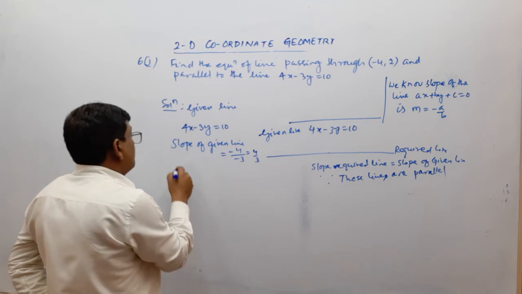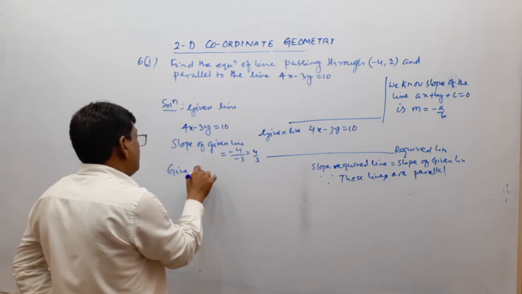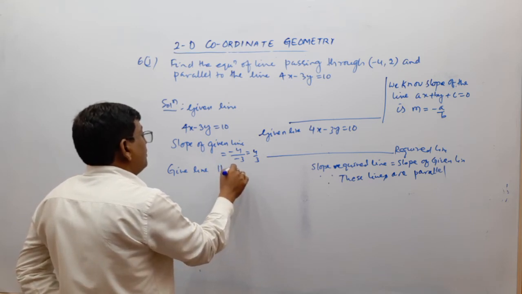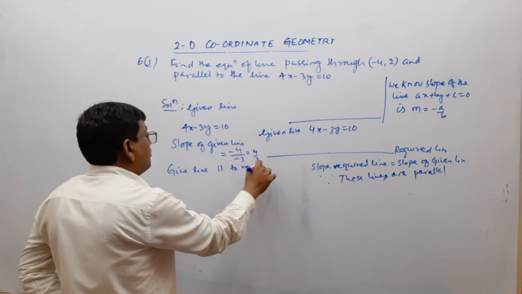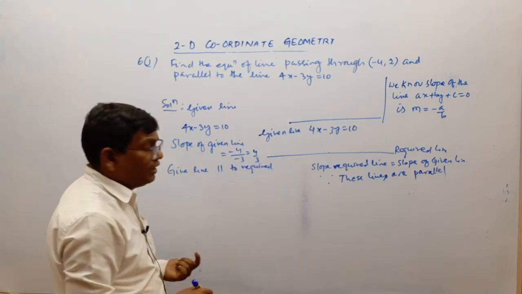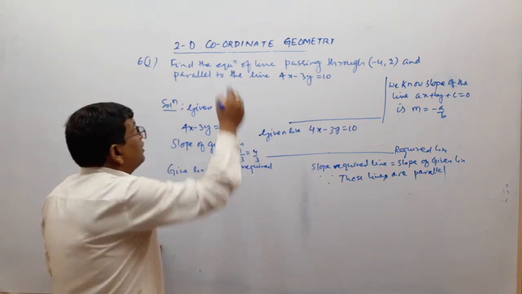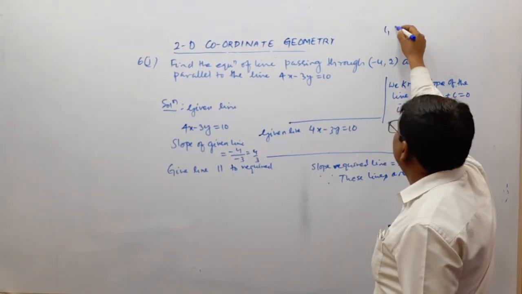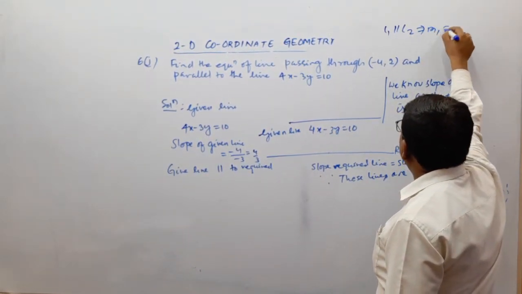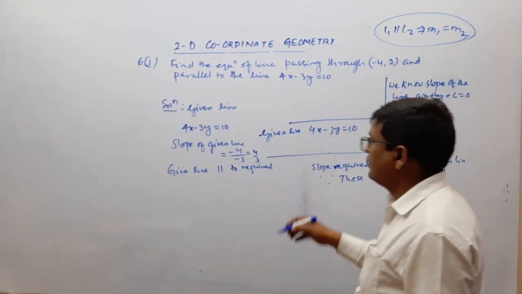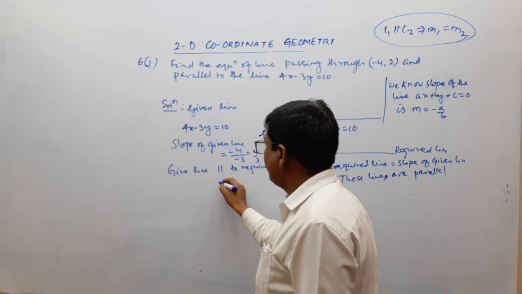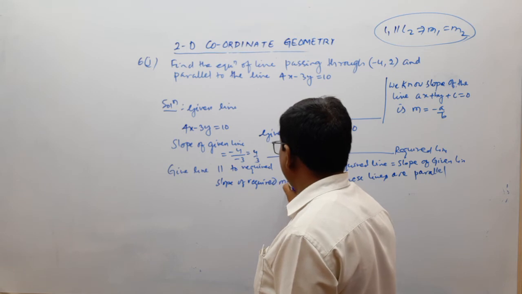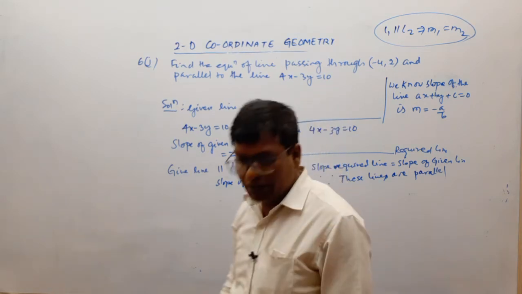Since the given line is parallel to the required line, we know that if L1 is parallel to L2, then M1 equals M2. Applying this concept, the slope of the required line is M equal to 4 by 3. Now the required line passes through the point.